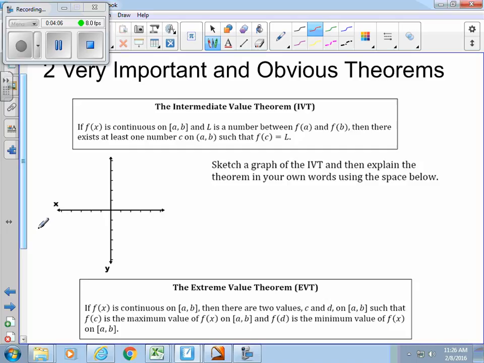But we need to know them, and the reason we haven't learned them until now is because we just learned continuity, and both definitions say if the function is continuous. So we have to have understood continuity before we could really understand these 2 theorems, although you probably could have logicked through them before today.